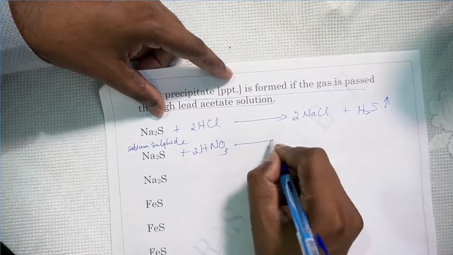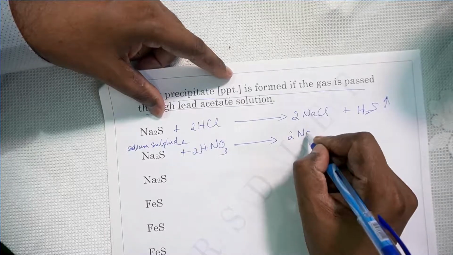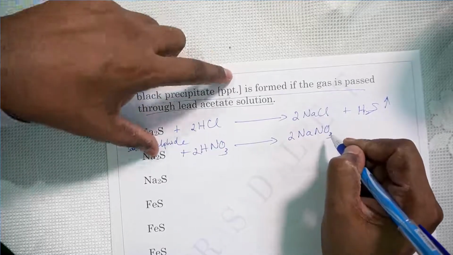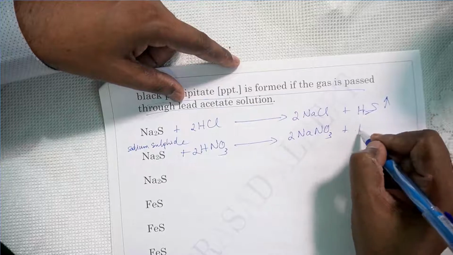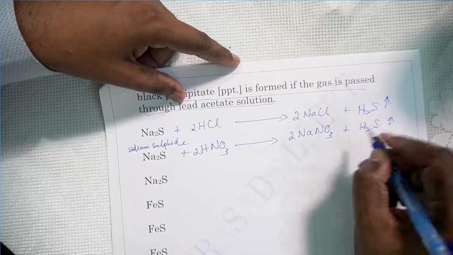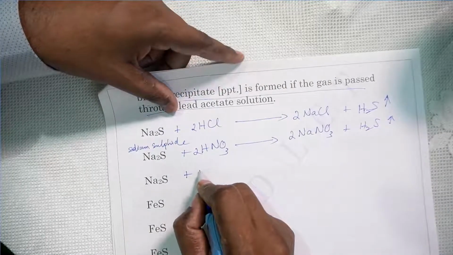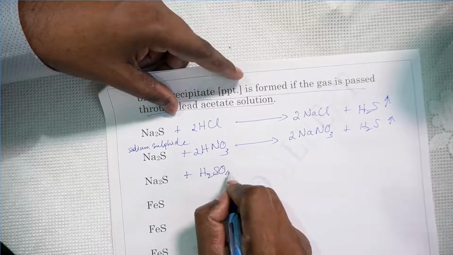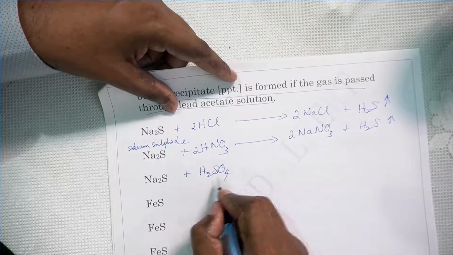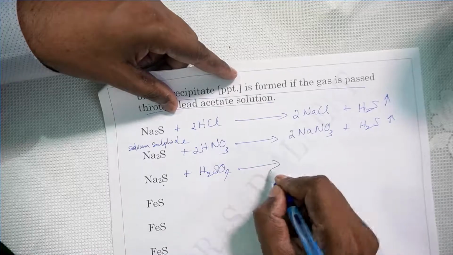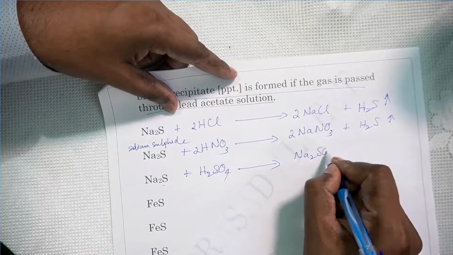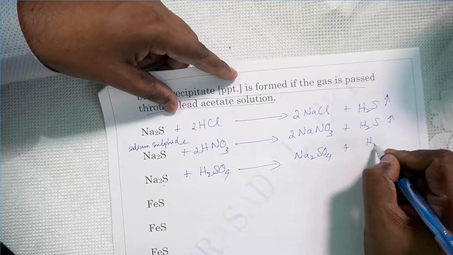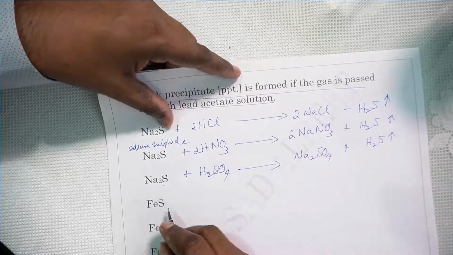Again 2 will be required here because 2 NaNO3 will be there because we have 2 sodiums already on the left, plus H2S. Then we have Na2S plus H2SO4. Here it is perfectly balanced. Dibasic acid and 2 sodiums are available. So Na2SO4 is formed straight away and H2S. Nothing to be done. It's balanced.